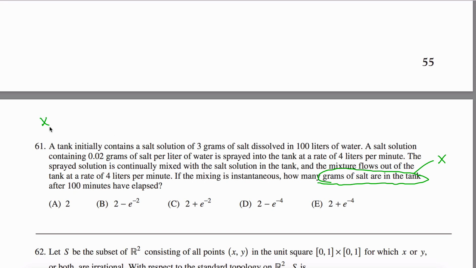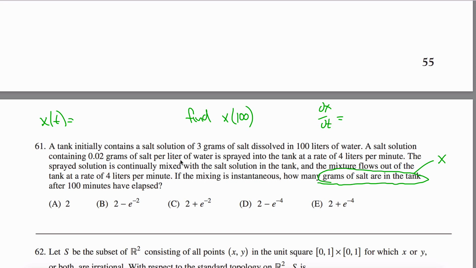Essentially, what it's asking you is to come up with x of t as a function and then find x of 100. Coming up with x of t as a function is hard because really all I know about is the change in x over the change in time. X is the amount of salt in the tank. And I can talk about this change in the amount of salt by just looking at what's going in and what's coming out.